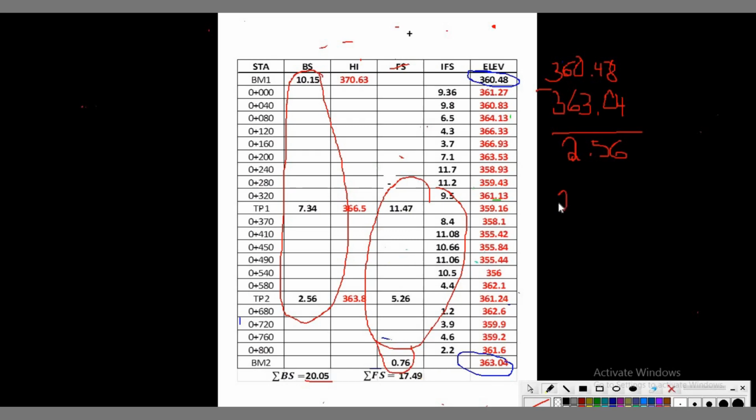So if I take the difference of the backside 20.05 minus 17.49, this is equal to 2.56. So, dapat pareho yung difference ng elevation at saka yung difference nung summation ng backside at saka foresight.